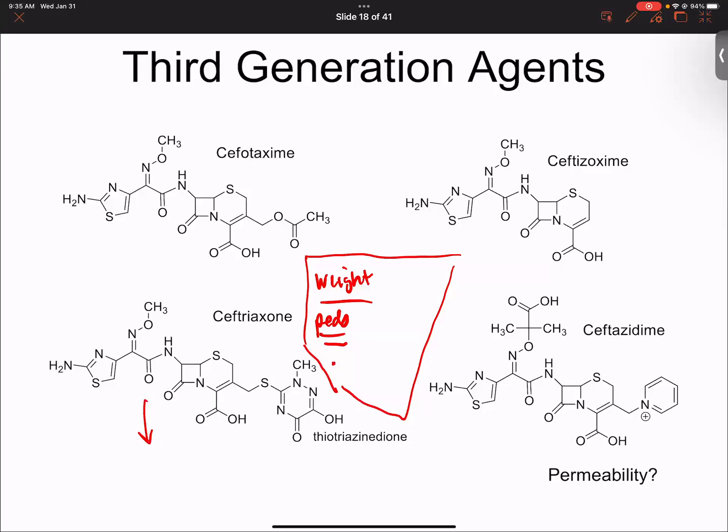Okay. And then there's a particular infection that eliminated the once daily Rocephin administration, and that was bacterial meningitis.